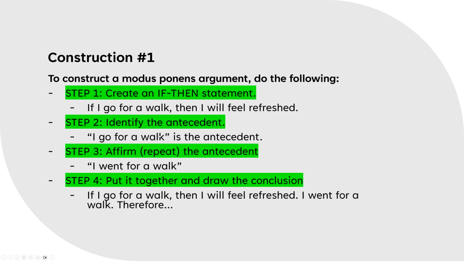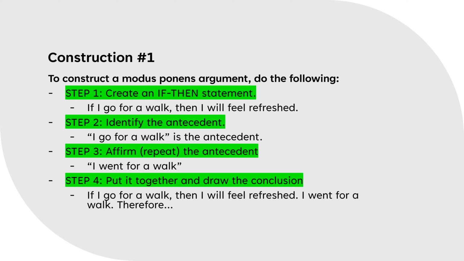Now we are going to affirm or repeat it, roughly speaking. To repeat it, we just say, I went for a walk. We put it in the past tense because it'll make it sound smoother when we put it together. And now let's do step four. Let's put it all together. If I go for a walk, then I will feel refreshed.